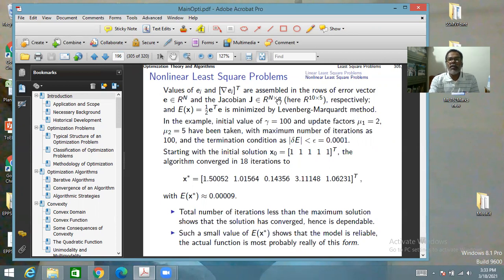So this is capital N by small n, that is a tall matrix, 10 rows and only 5 columns. And the corresponding error vector, you have a column of 10 entries.